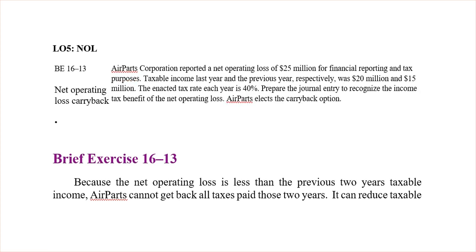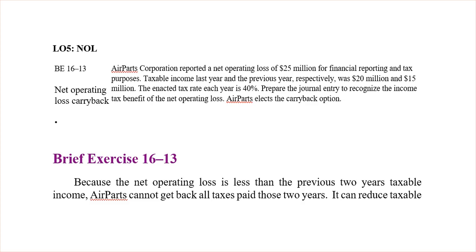So if you look at this situation, if they had had a net operating loss of 35 million, then they could have got all of the 35 million times 40% back. This particular year we have 25, and so we can only get 25 times the 40% back.